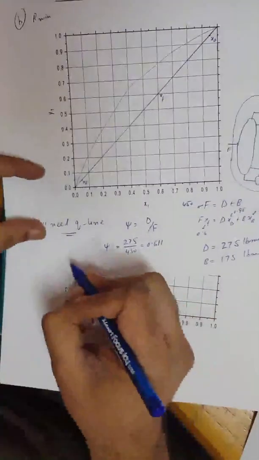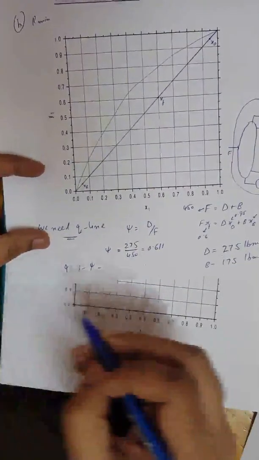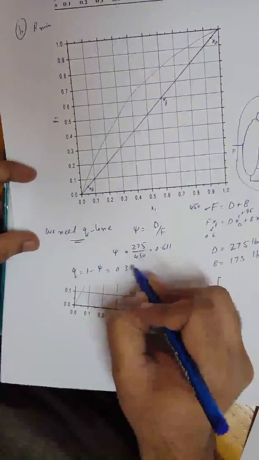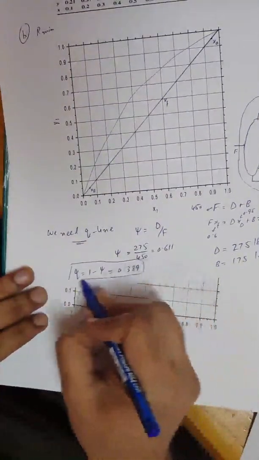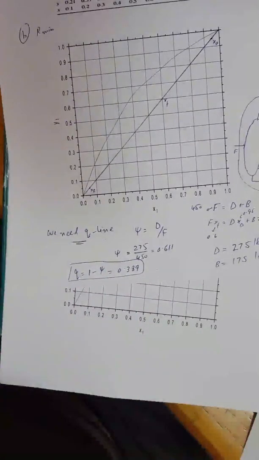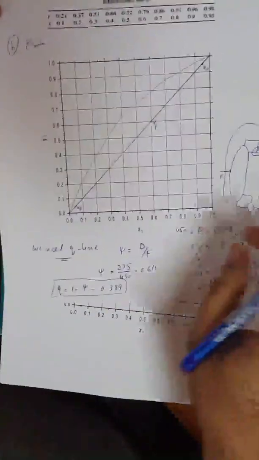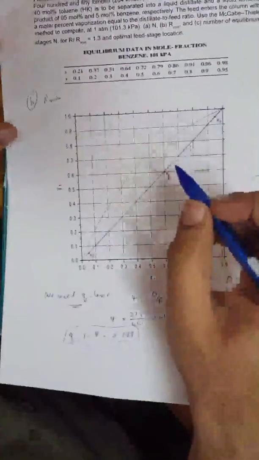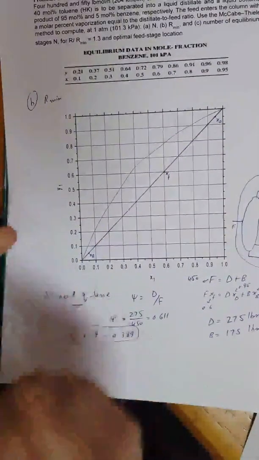So what will be the Q value? Q is equal to 1 minus psi. So 1 minus psi comes out to be 0.389. So this is Q. Now we need to plot the Q line. The Q line must be at the feed point. We have one point here. In order to draw a line, we need either 2 points or 1 point and 1 slope.